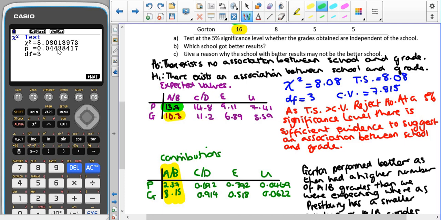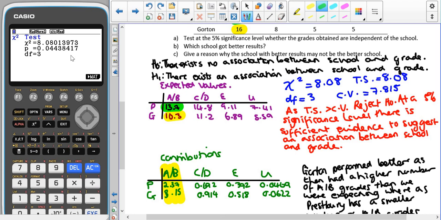It's 0.04438417. So that means that we would be expecting to reject H0, because remember, when we do a hypothesis test, where we're comparing probabilities or p-values with a significance level, if the probability that we have is smaller than our significance level, then usually we would end up rejecting H0.